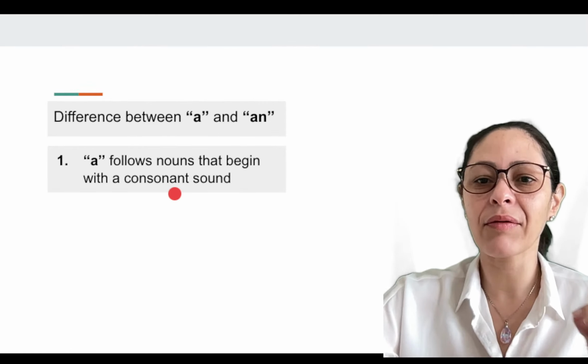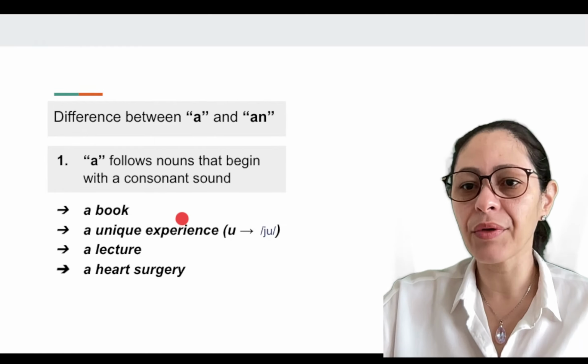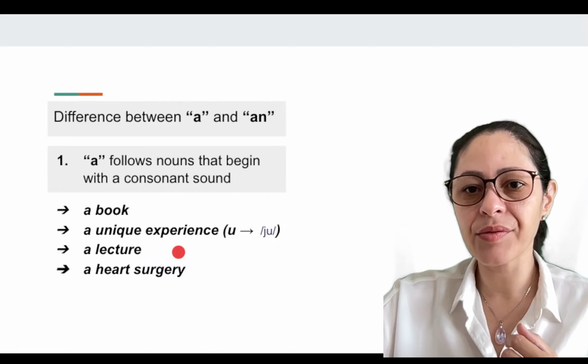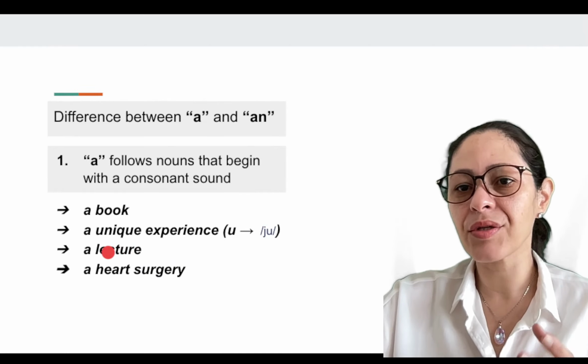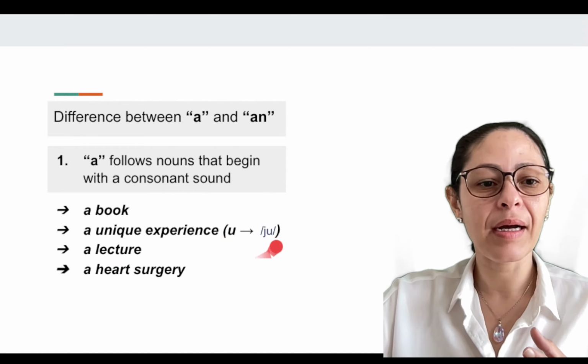A consonant sound. Look at our examples here. A book. A unique experience. You see, in this case, I have a vowel. However, the pronunciation of this vowel is U. So it is considered a consonant.